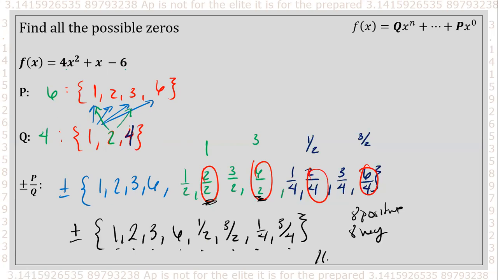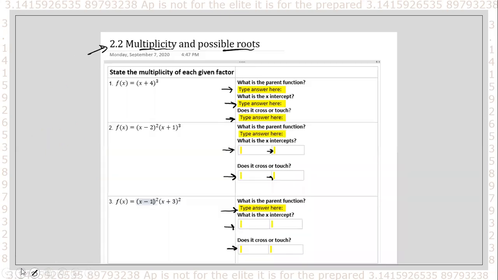So we have a total of 16 possible zeros. So keep in mind, this right here counts for both positives and negatives. I can't stress that enough. And I'll show you guys how to determine which ones are indeed the real zeros. But this is how we find all possibilities.